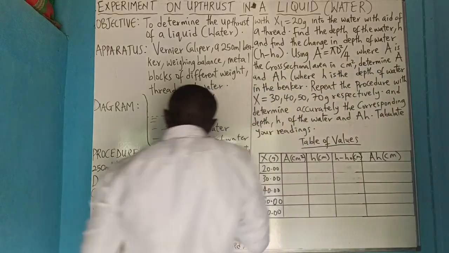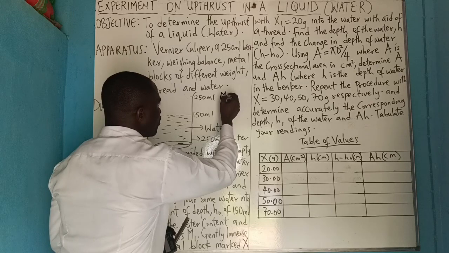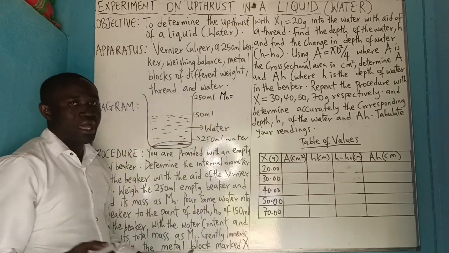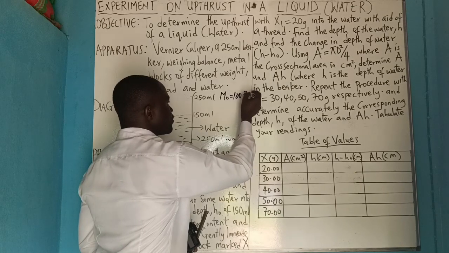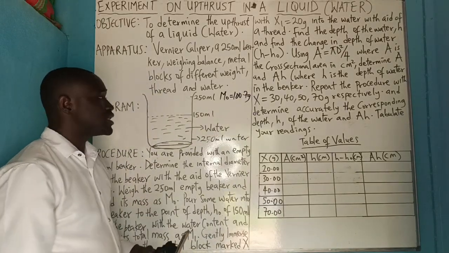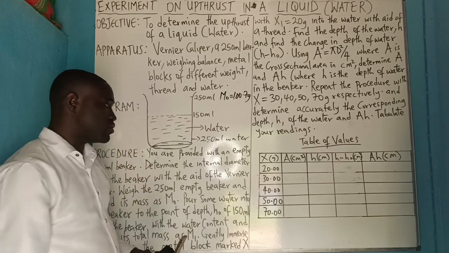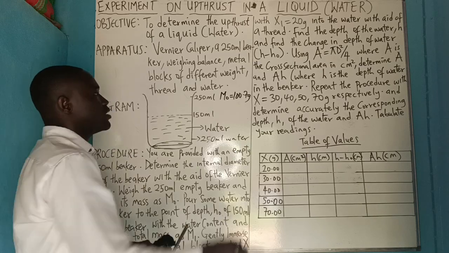So when you take your weighing balance, get the weight of the 250 ml beaker. As I check my own, I got 100.7 grams. So you check your own and see what it will give you. Actually, this should be taken as the mass.